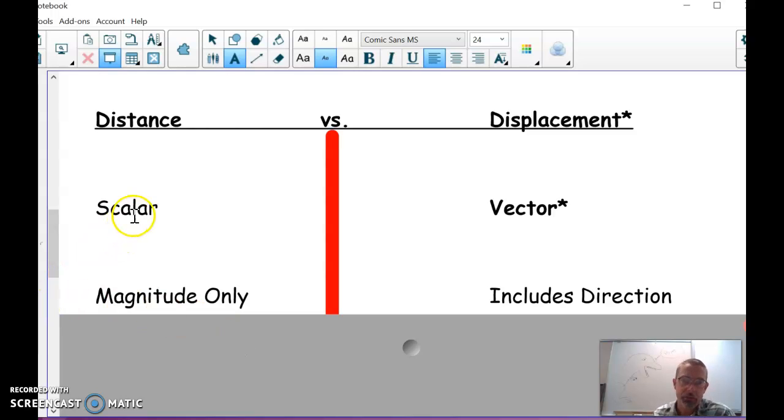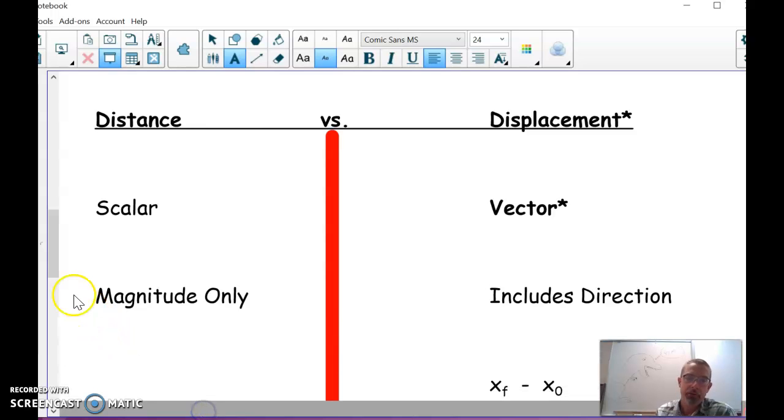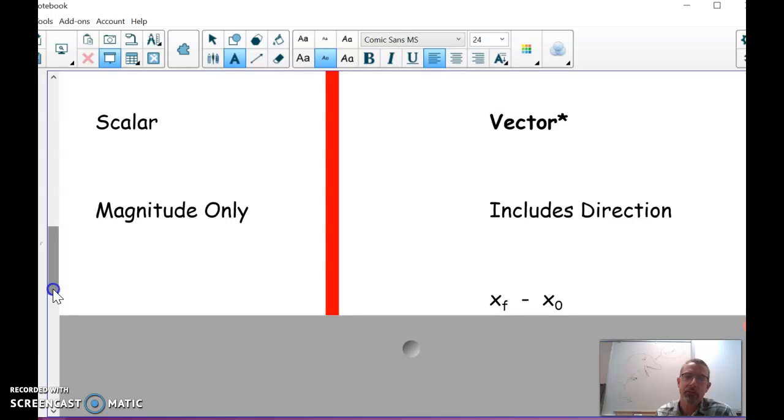A scalar uses only the magnitude of that measurement, whereas a displacement includes both the magnitude and the direction. So, for instance, a magnitude might be 60 kilometers, where a vector would be 60 kilometers to the east or to the north or what have you. Vectors include a direction and a magnitude.